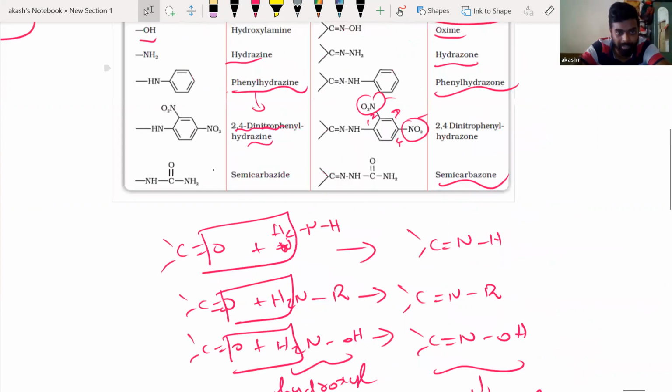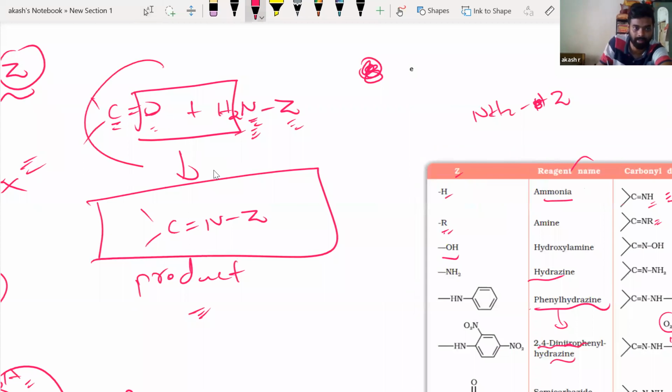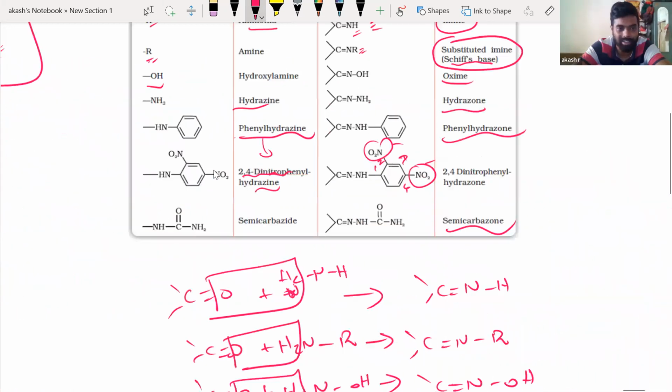If you remember the Z, I told you, this is the general structure: C double bond N Z. So if you can remember what is Z and the name of the product, that is enough. Different Zs, different products. That's it. Understood? Yes, I understood. Okay, good. Right, people? And the mechanism is very similar.